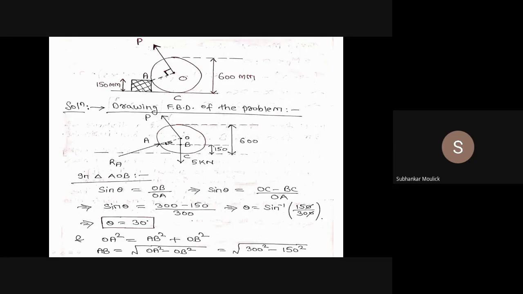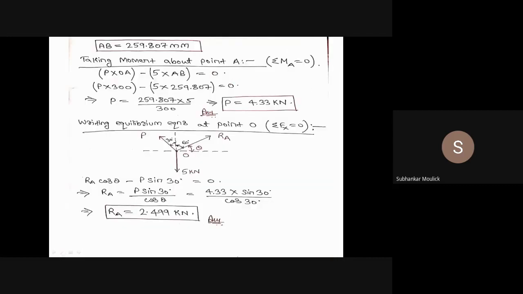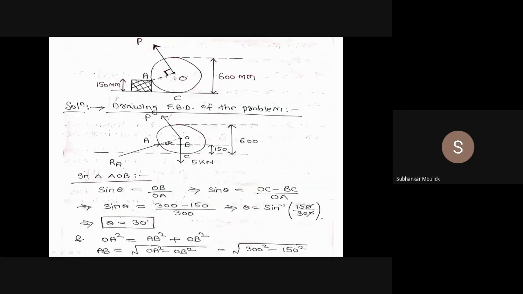So we have calculated this force P. Also, in the question it has been told to calculate this reaction force RA, which this rectangular block is giving on this wheel. So for that, I take the equilibrium of point O. From point O, three forces are acting.